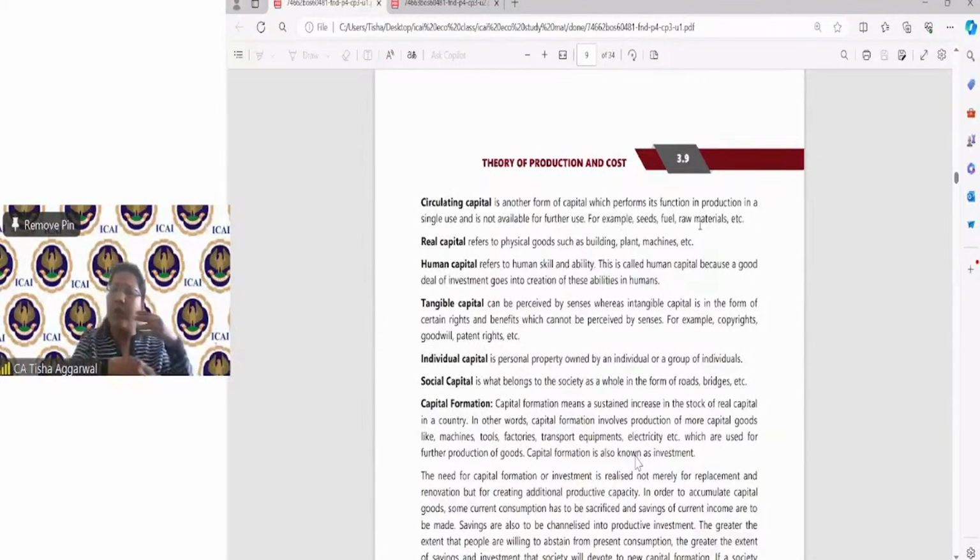Circulating means something which rotates, something which keeps on moving. So, for example, if I say fuel, is the fuel going to be staying there in the organization? No. Is the raw material going to be there in the organization? No. Are the seeds going to be completely fixed there in the organization? No. But the land is going to be there, no?